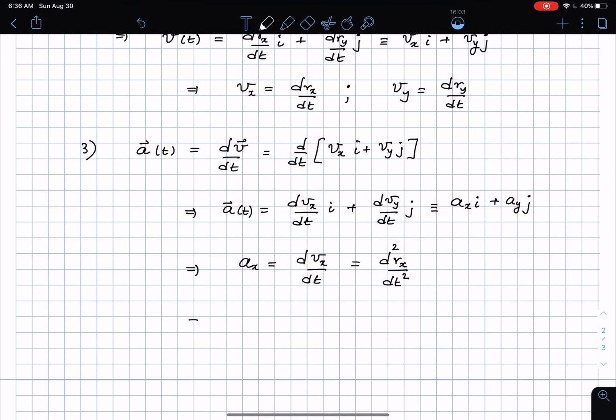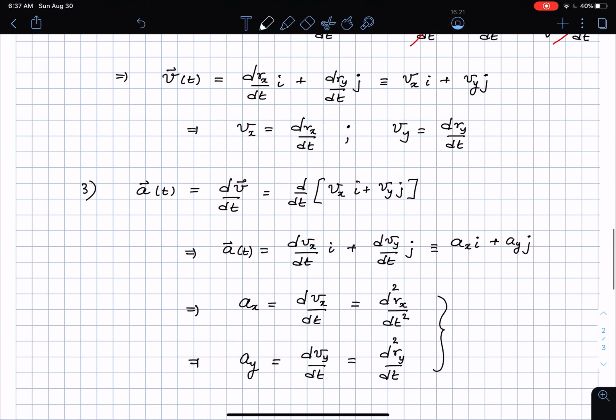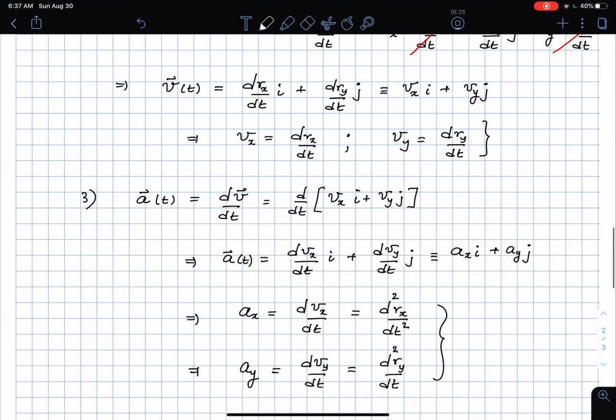Likewise, ay is dvy by dt, which can be written as the second derivative of ry. So these are terms of importance, and these are the components along the x and the y directions.